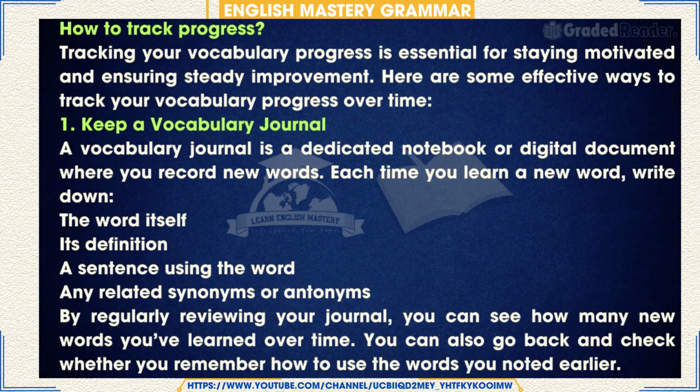Each time you learn a new word, write down the word itself, its definition, a sentence using the word, and any related synonyms or antonyms. By regularly reviewing your journal, you can see how many new words you've learned over time. You can also go back and check whether you remember how to use the words you noted earlier.